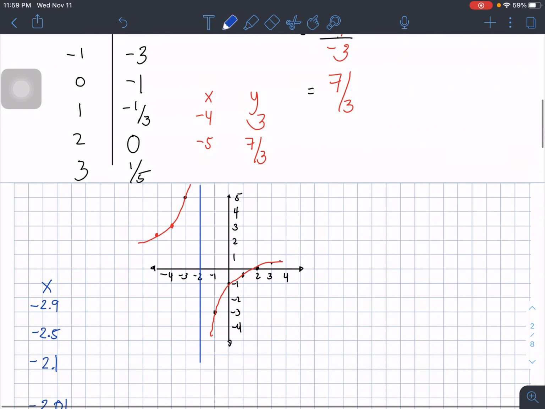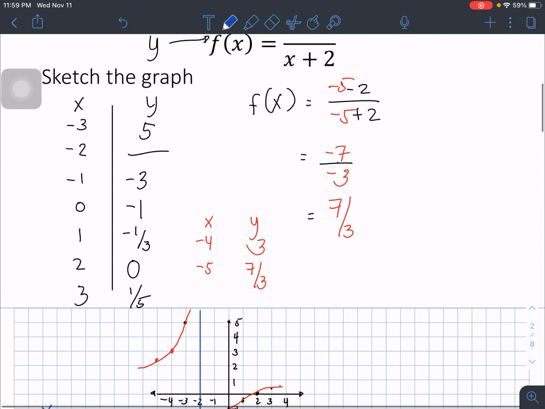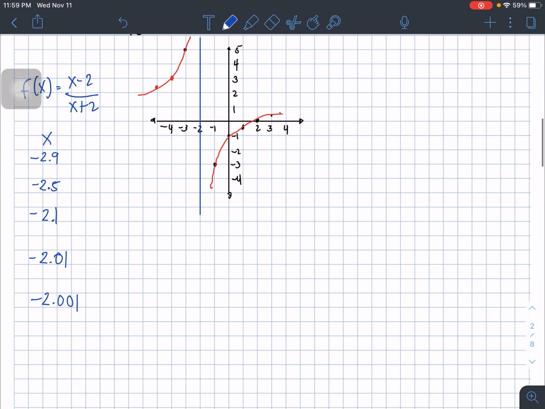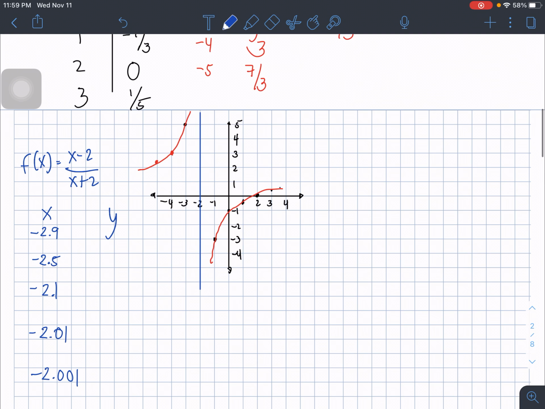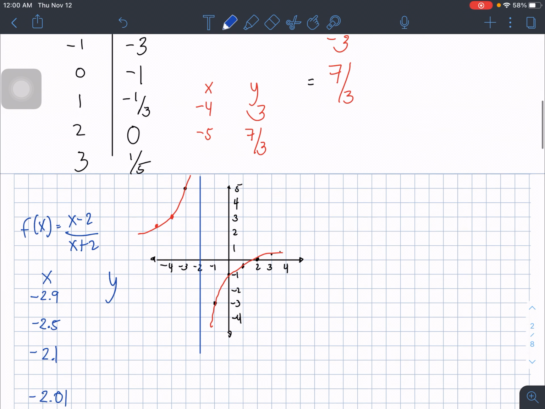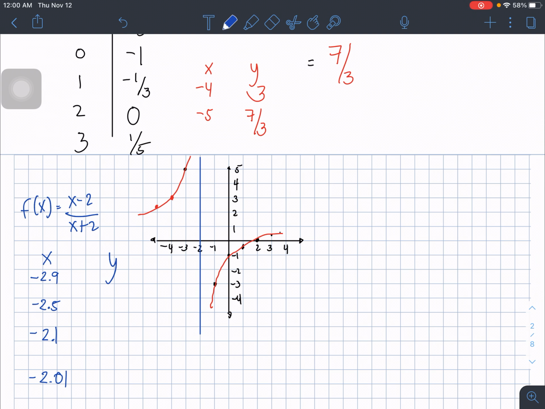So I'll be just copying the formula. So if x is equal to negative 2.9, we will be having 4.41.